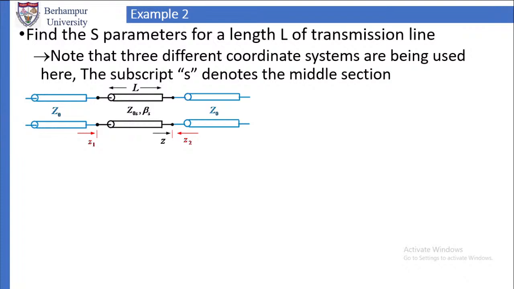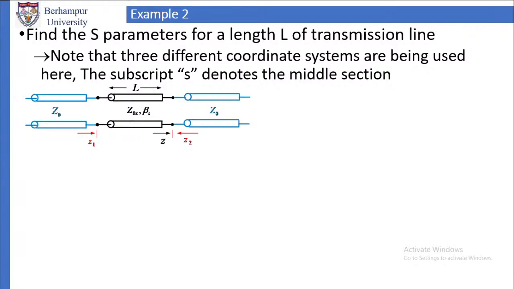The transmission line section of length L has characteristic impedance ZS, and beta S is the propagation constant, or phase constant, or wave constant. It is connected to two transmission lines of characteristic impedance Z0 on its two ends. So you can see that there are three transmission lines.